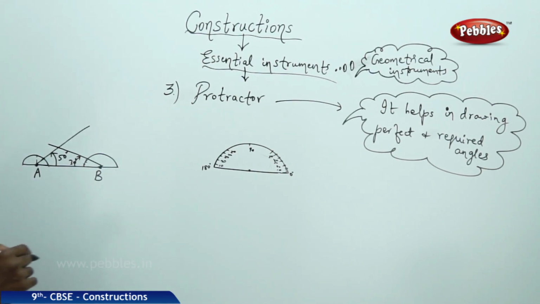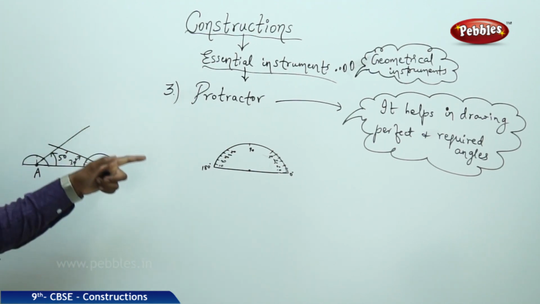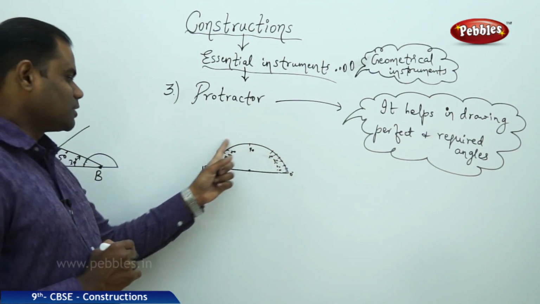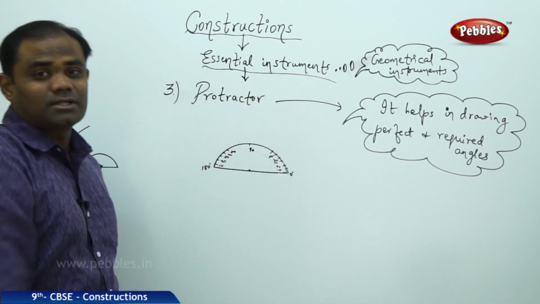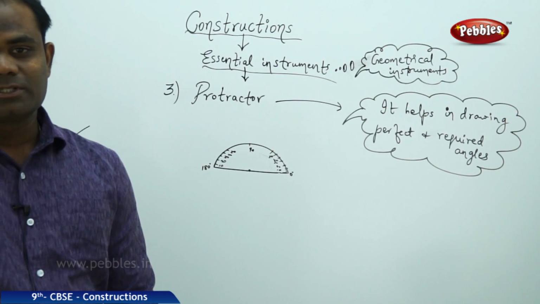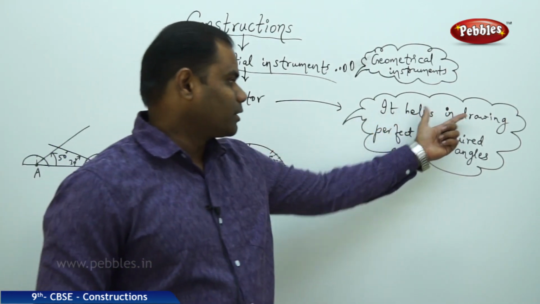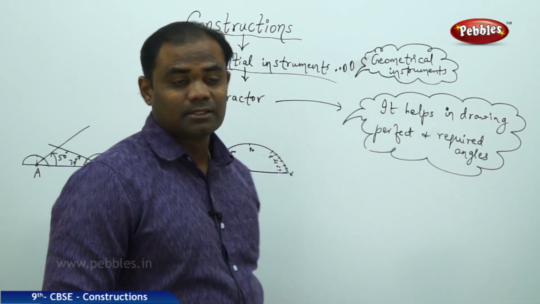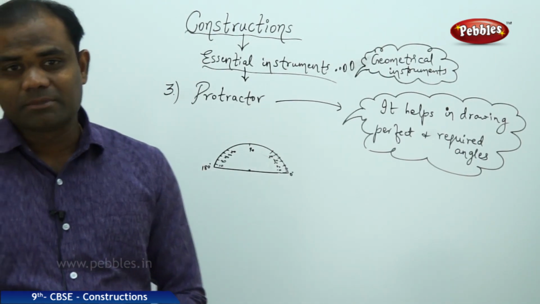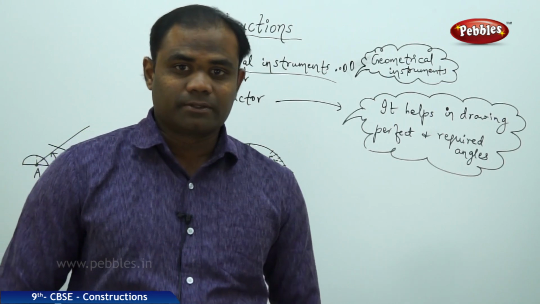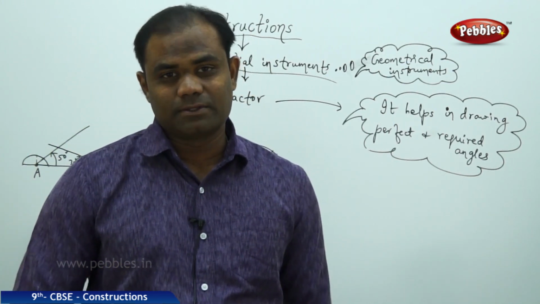So depending on the direction from which the angle is taken, that angle is taken on the protractor, which has two sides, one starting from here and the other starting from the left. So this is how it helps me in drawing perfect and required angles using the instrument called protractor, which is a D-shaped transparent instrument in the geometrical set.